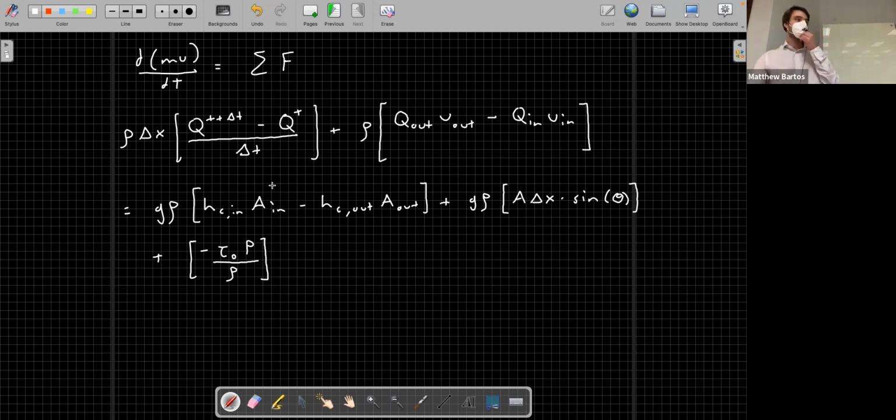Okay, we're almost there. What I'm going to do is divide by the density, and I'm going to divide by delta x, and see what comes out, okay? So if I divide by the density and delta x, let me do this in place, so I don't have to write this out all over again.